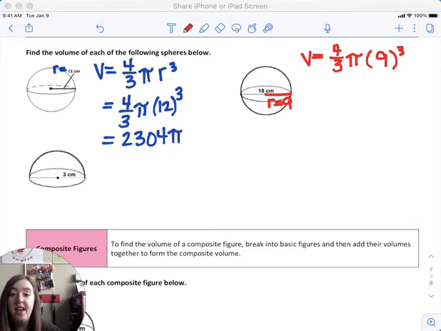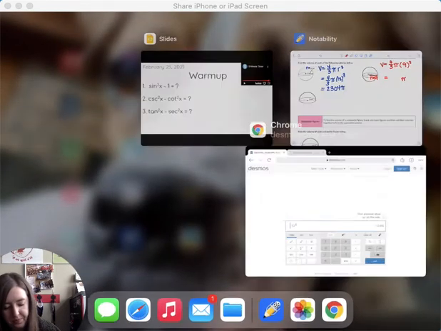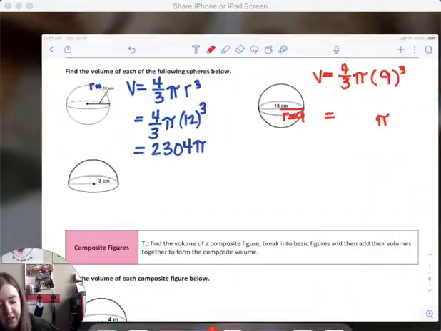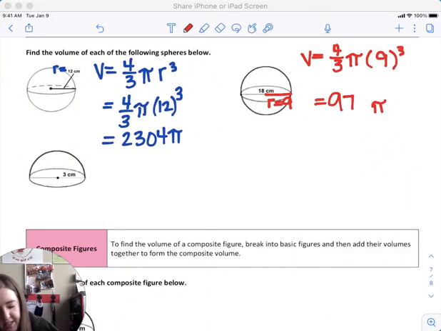Then you're going to put that into your calculator just like you did before. Everything except for the pi will go in our answer. So we'll change this 12 to a 9. 4/3 times 9 cubed is 972. So this will be 972 pi.